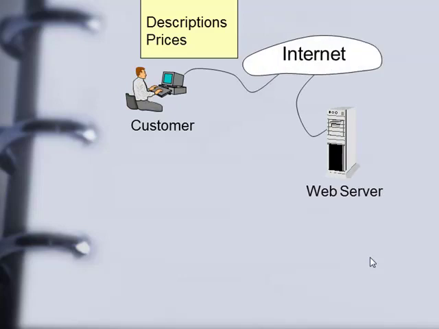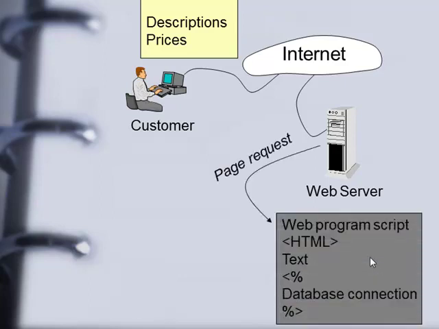Typically what would happen is you have a customer that is logged into a website and is filling out information on an order form, and when they hit the submit key, that's going to go across the internet to a web server. The web server is going to request certain pages to be displayed back to the customer.